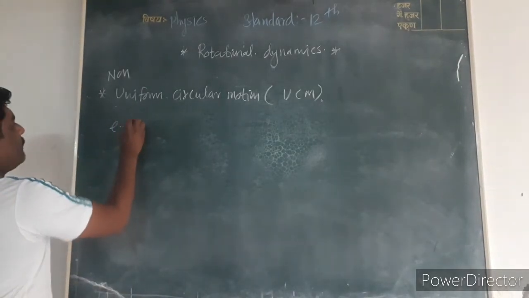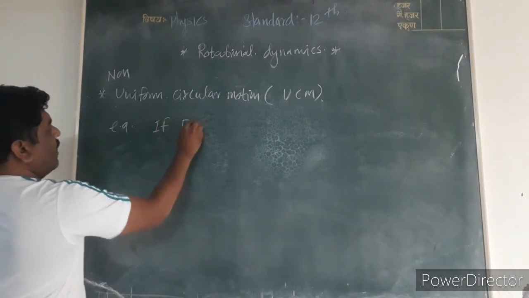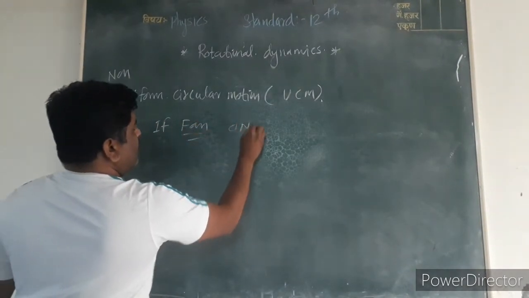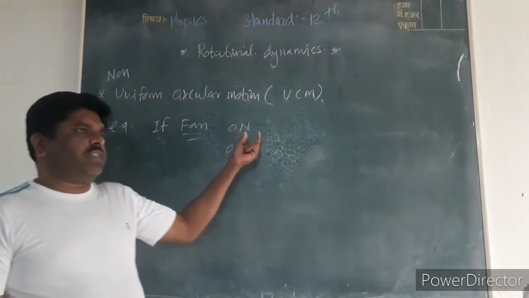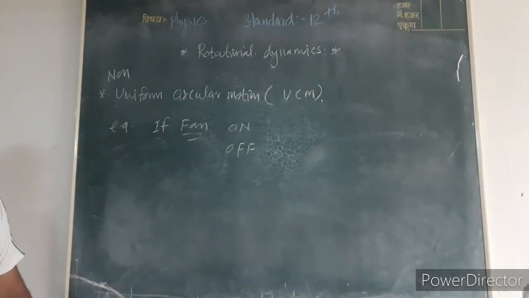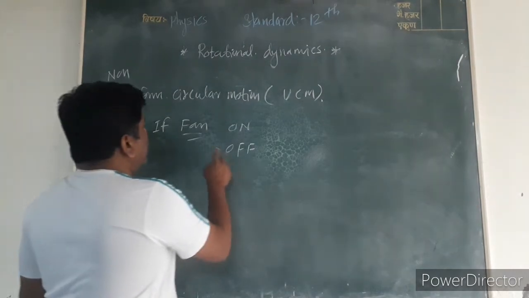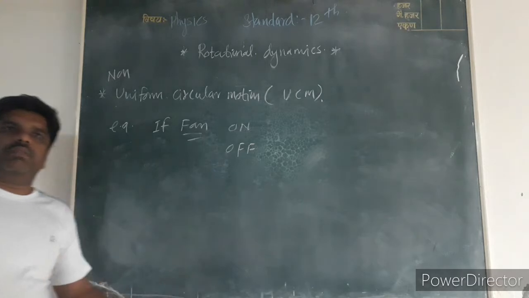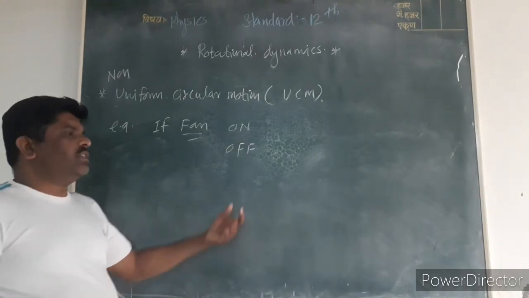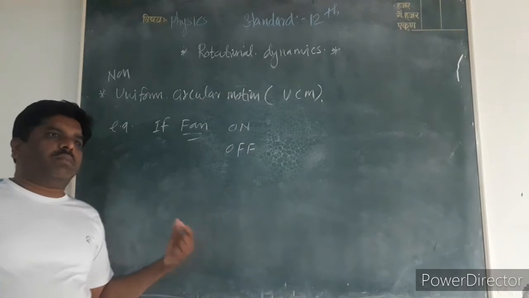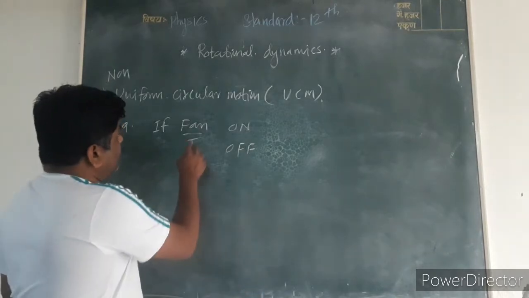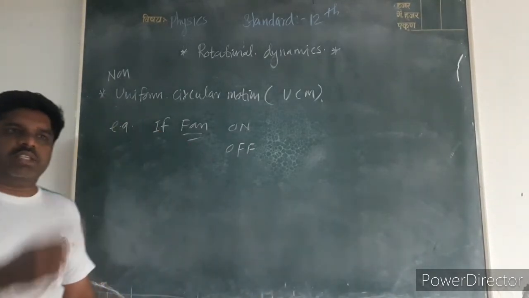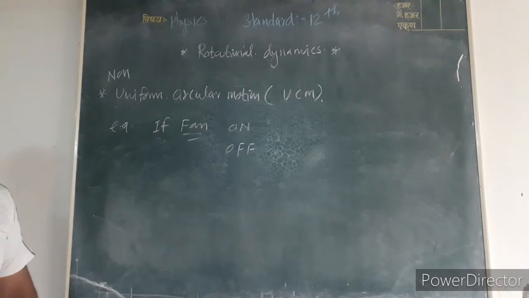For example, if the fan is on or off: if the fan is on, the velocity of the blade increases, and if the fan is off, the velocity of the blade decreases, and at a certain time it tends to 0 or it stops.